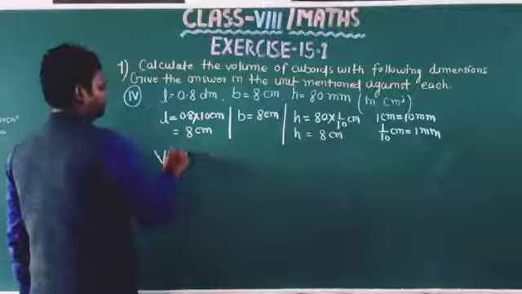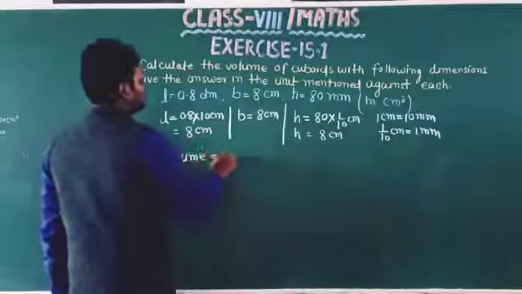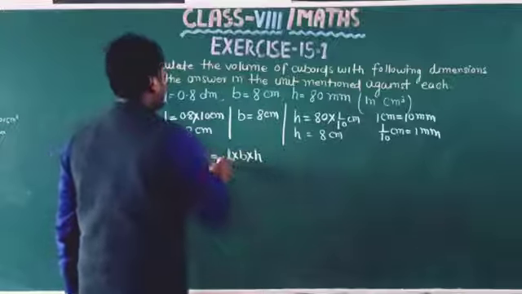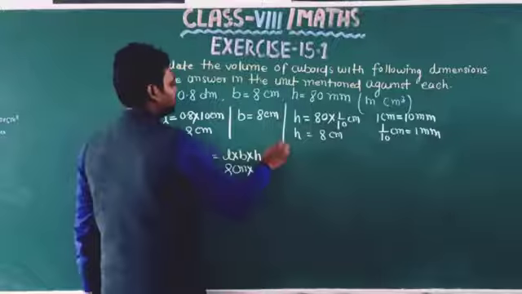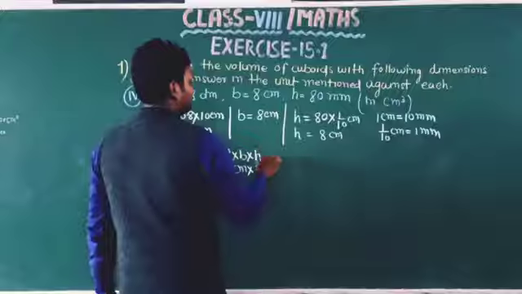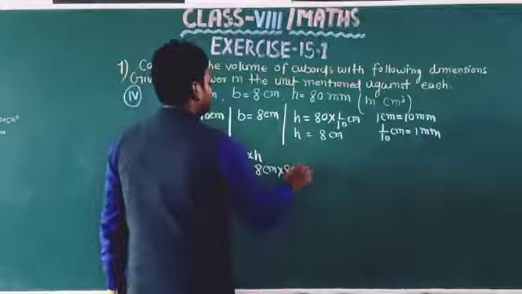Then volume of the tube equals length into breadth into height. So therefore length is 8 centimeter, breadth is also 8 centimeter, and height is also 8 centimeter.